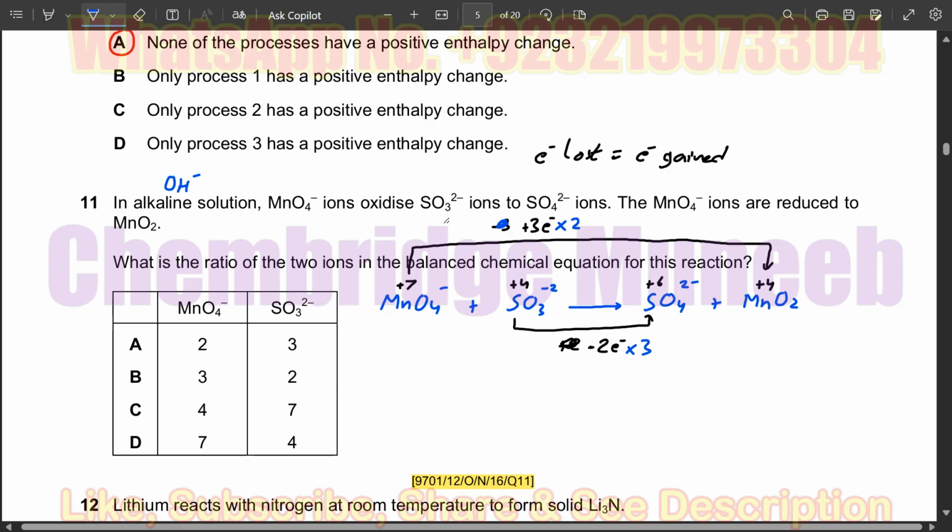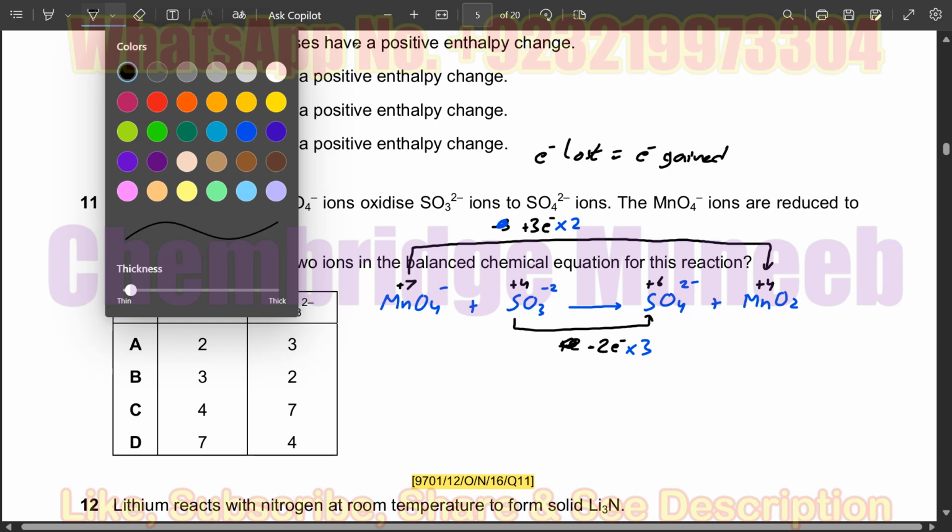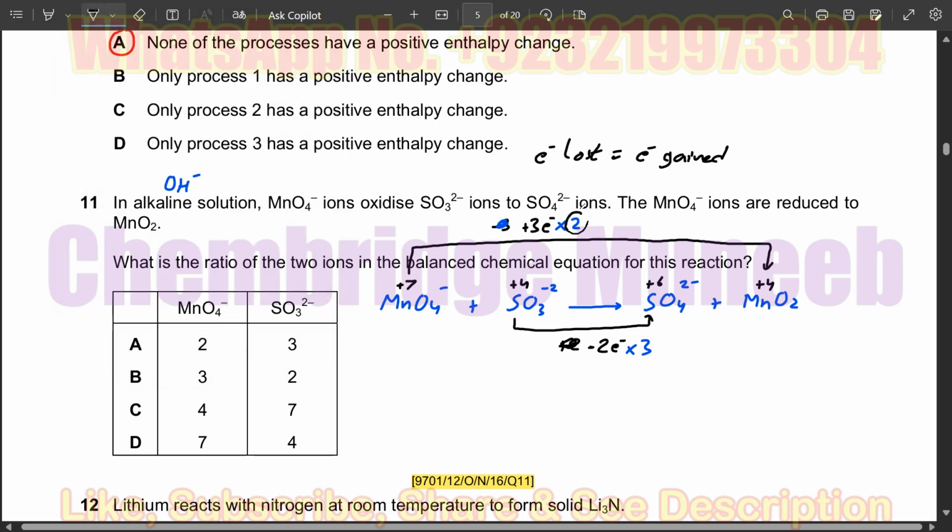Now the numbers which I have written here must also be written with the species on the sides. So this 2 must be written with the sulfur species, and this 3 must be written with the manganese species.